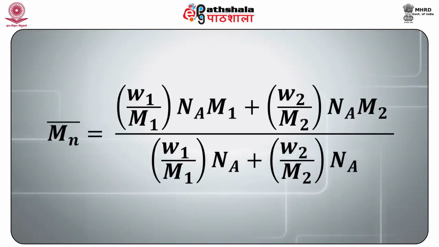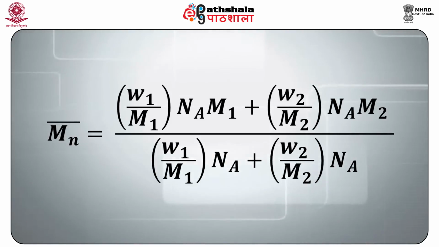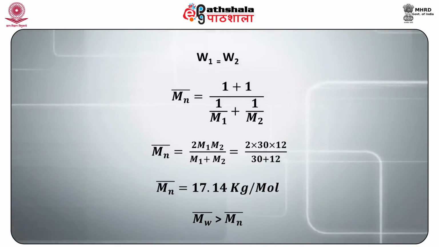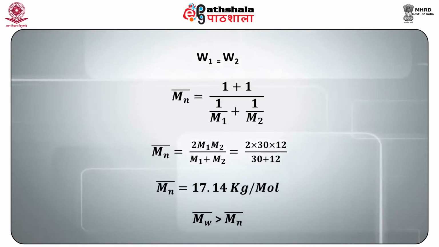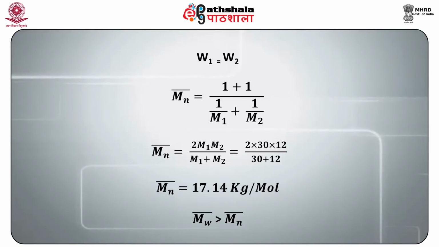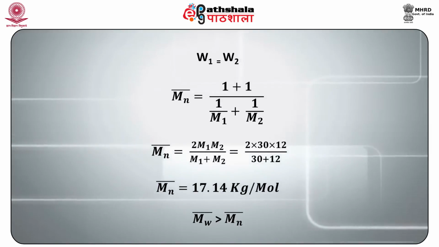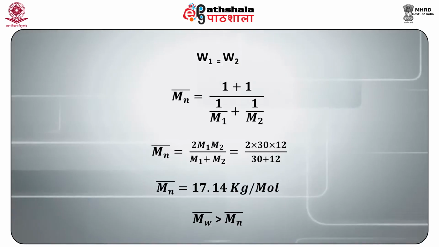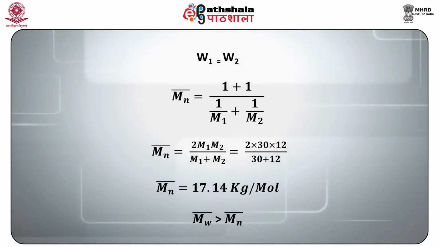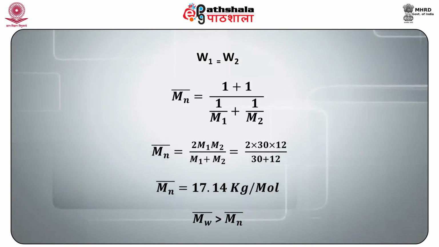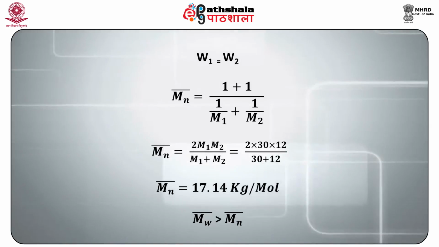Using equation 3 in 2, we get Mn bar as, again we have W1 equals W2, therefore Mn bar is equal to (1 plus 1) divided by (1 by M1 plus 1 by M2), which becomes Mn bar equals twice M1 M2 upon M1 plus M2. Substituting the values, we get Mn bar equals 17.14 kg per mole. From the two results, we also get to know that Mw bar is greater than Mn bar.